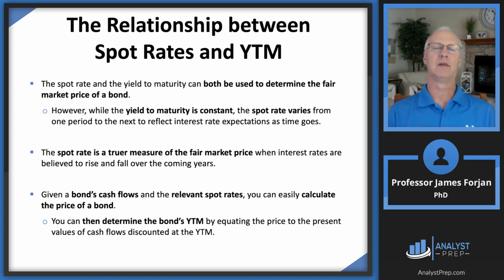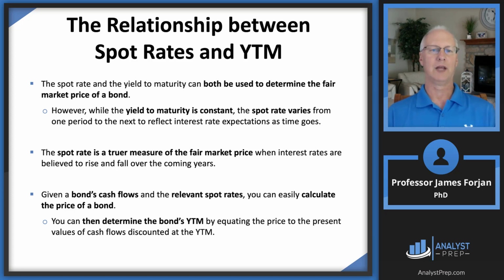I've been saying that for the last few minutes. However, the spot rate is going to vary from one period to the next, because the spot rate, remember, is the yield to maturity on a 0 coupon bond for 1 year. And then the 2-year spot rate is the yield to maturity on a 0 coupon bond for 2 years and 3 years and 4 years and 5 years.